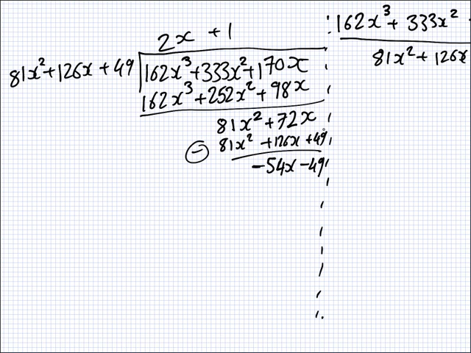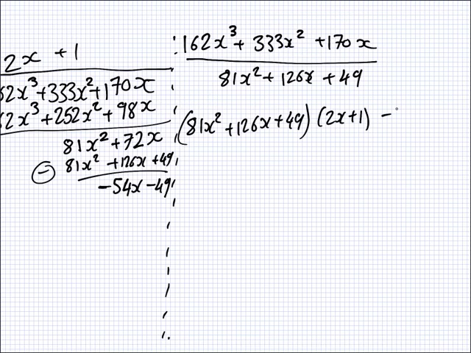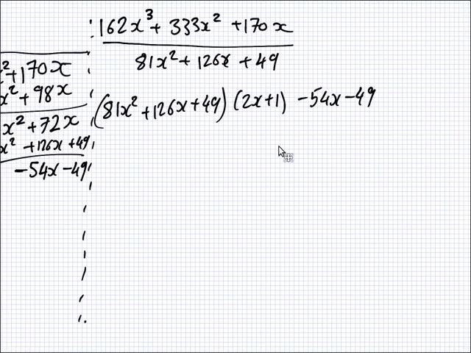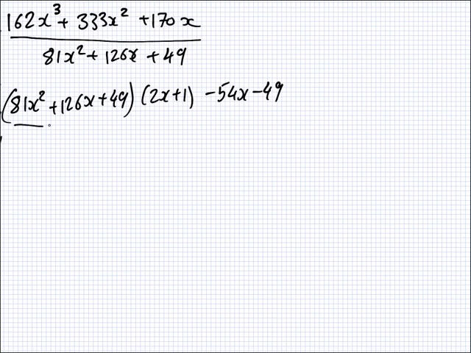Okay, so if I return back to the question here, we can say this is 81x squared plus 126x plus 49, times 2x plus 1, minus 54x minus 49, all over that quadratic we had at the beginning.